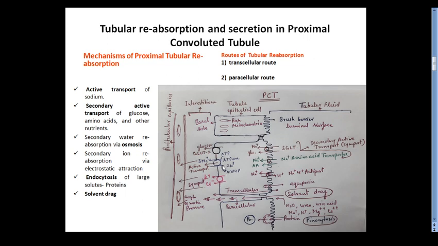This pump is so active that it utilizes almost 6% of the body's energy. So this pump is very essential. It creates a concentration gradient and an electrochemical gradient within the cell for reabsorption of sodium and various other solutes.